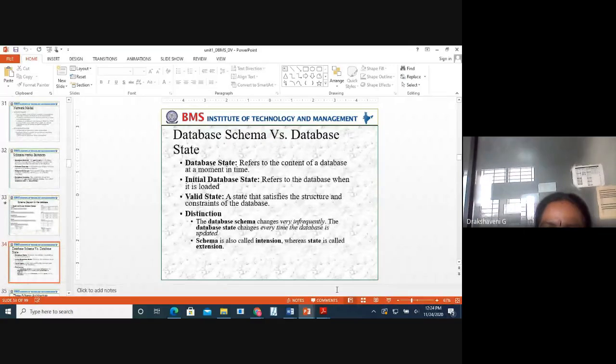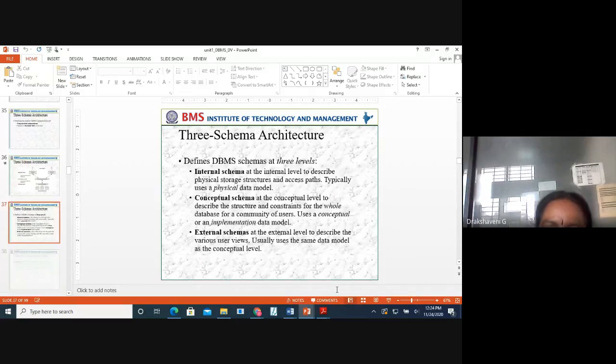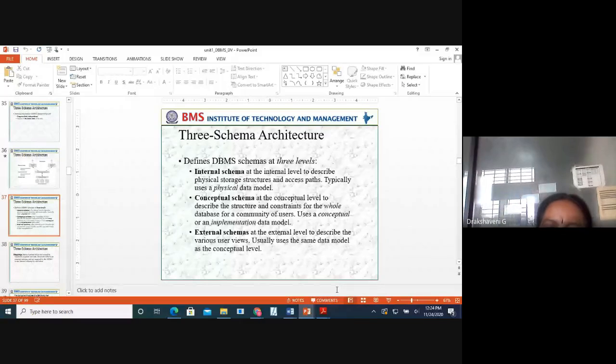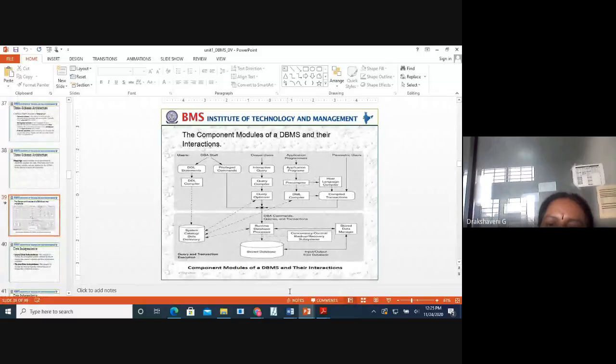This is a schema diagram, the database three schema architecture. That's what I was saying: external view, conceptual view, and internal view. You have to draw this diagram and explain this. And the architecture, you have to explain all these three. This is what you have to explain for the next question.